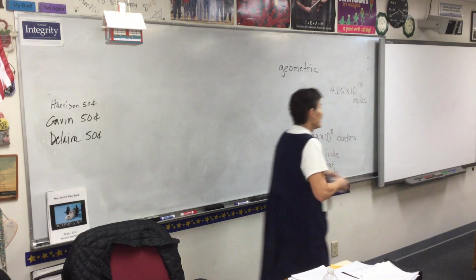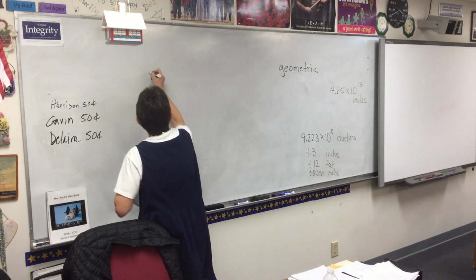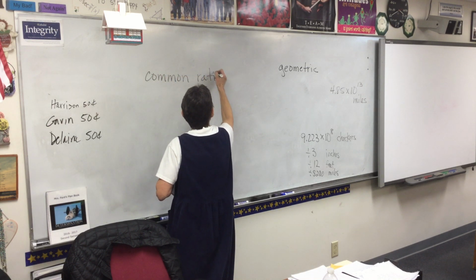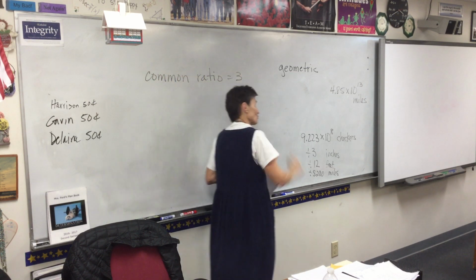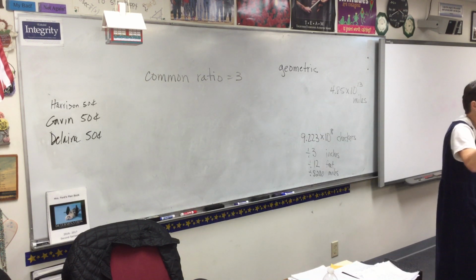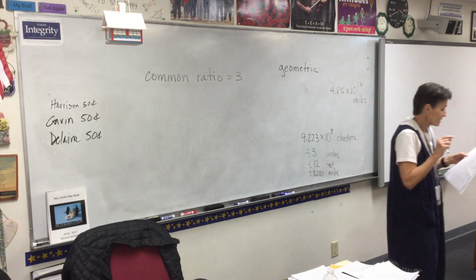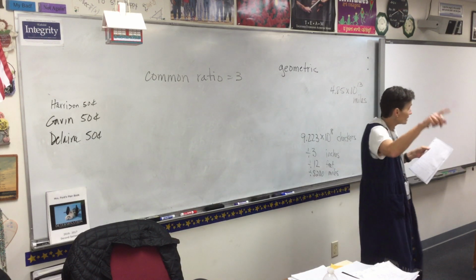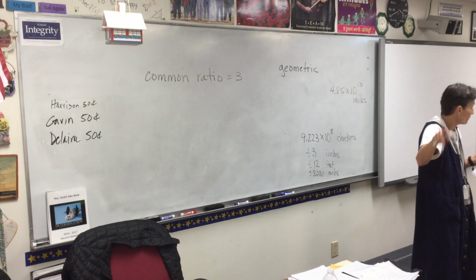Yes. And the common ratio, might as well get used to this word too. The common ratio is 3. The common ratio is simply the number that we multiply by. So in sequence B, we keep multiplying by 3. That is called the common ratio.